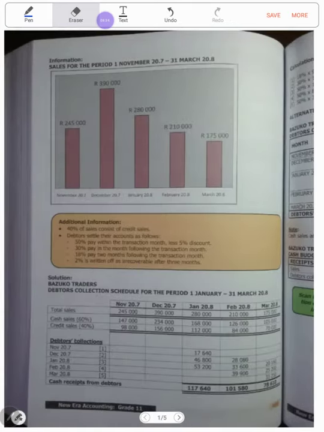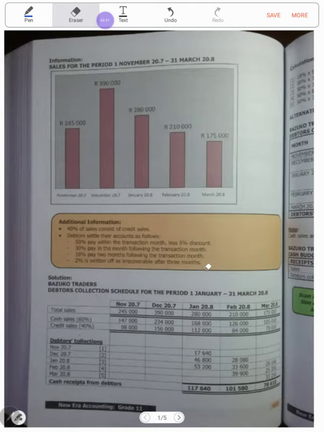Then the fourth bullet point says 2% is written off as irrecoverable after 3 months. So after 3 months, if we haven't received anything from our debtors, we will just write it off as bad debts. Will we take it into account in the debtors collection schedule? No, we won't.